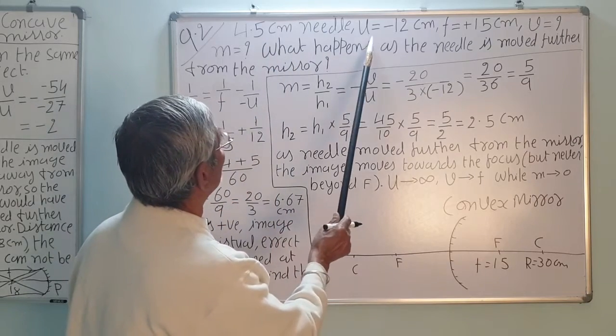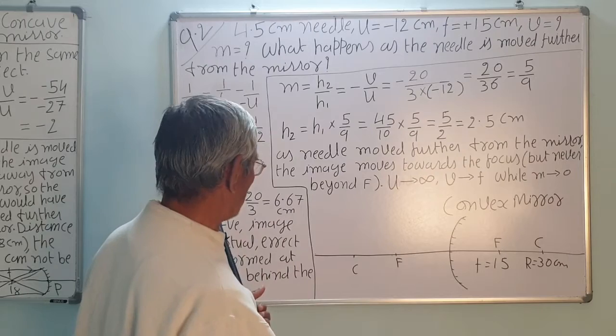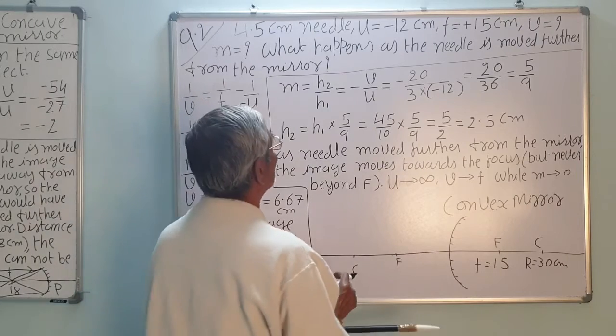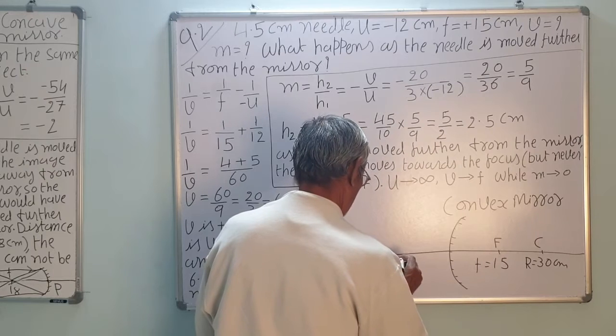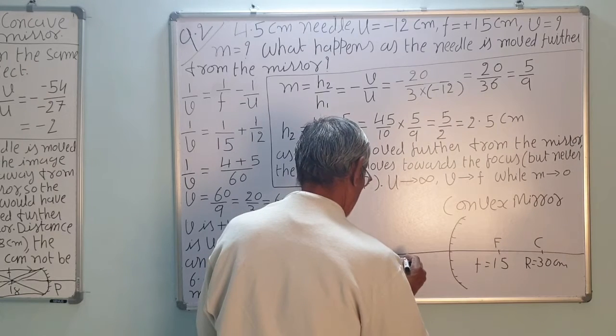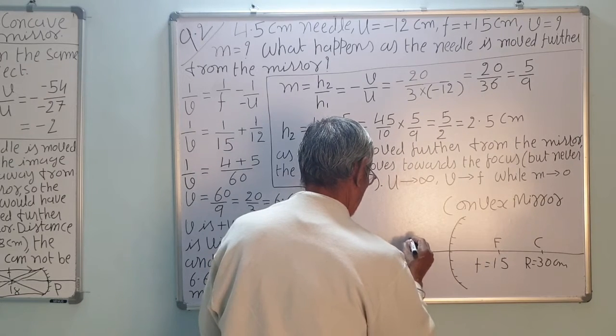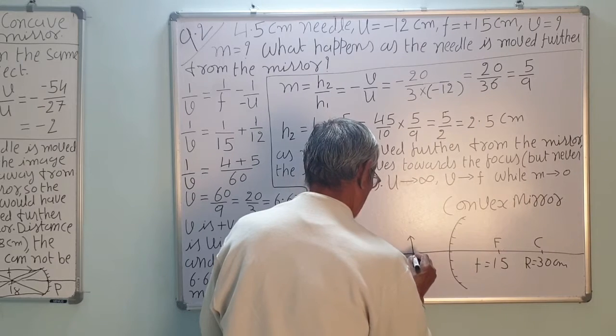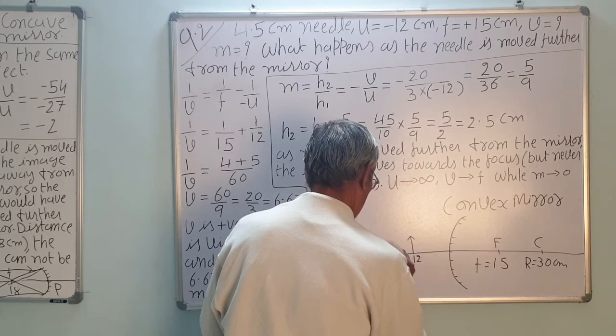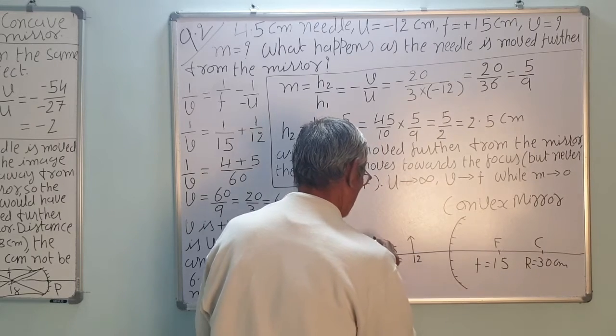Now u is minus 12 centimeter, correct? That is within the f. This is say 15, correct?